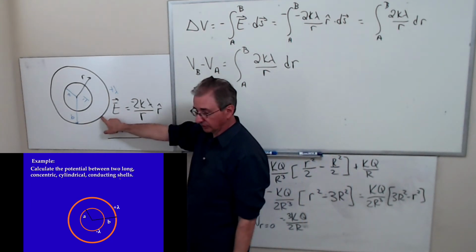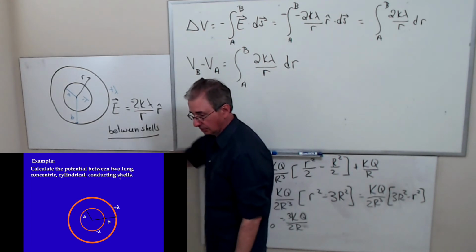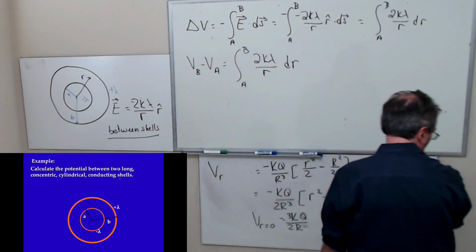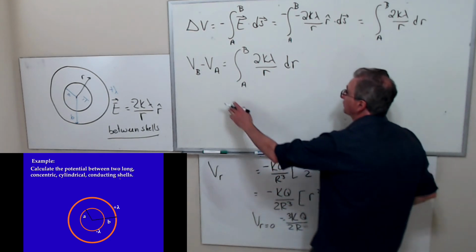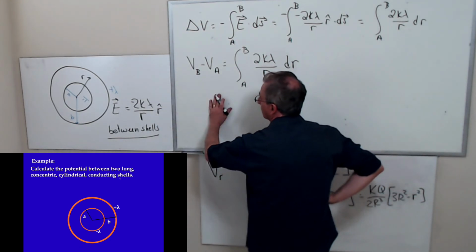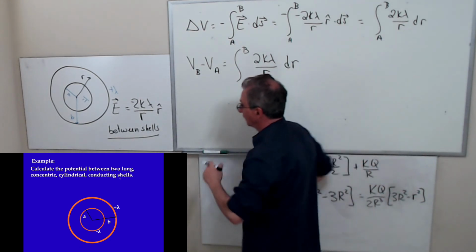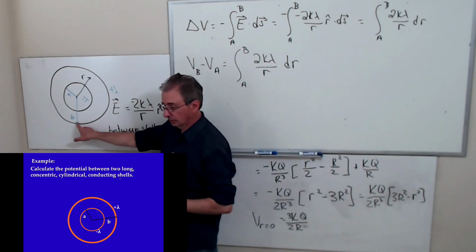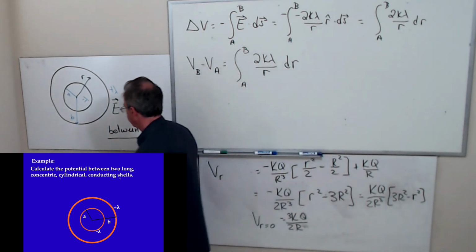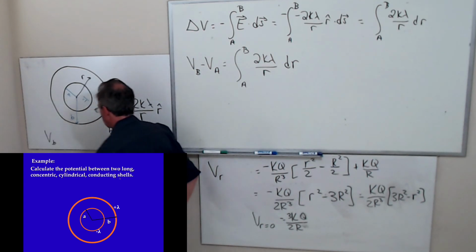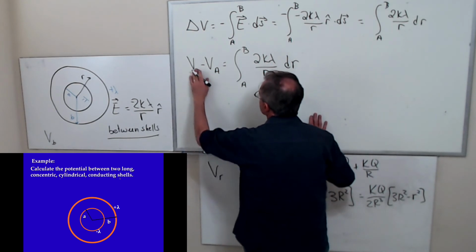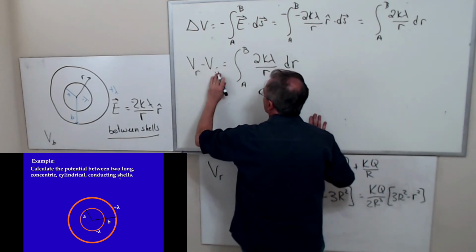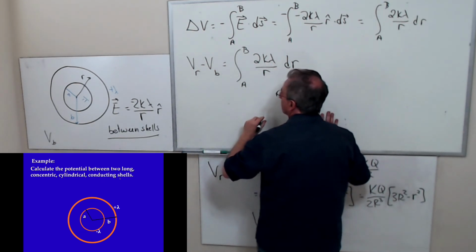So let's say I know the voltage on the outer one. If I know the voltage here, I'm going to call this R, and I'm going to call this little b.